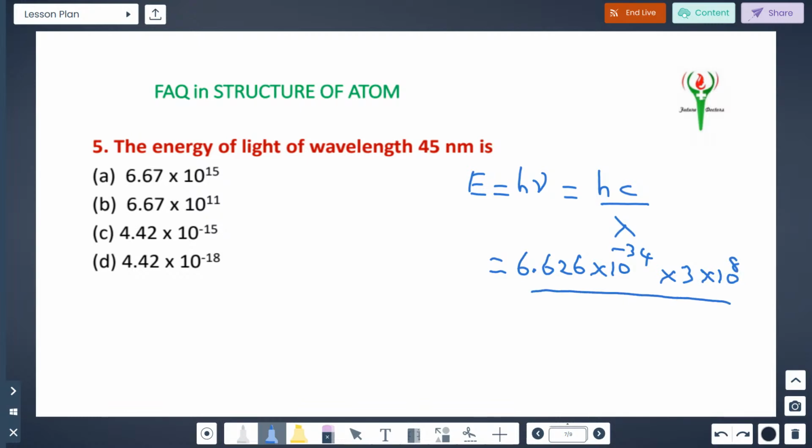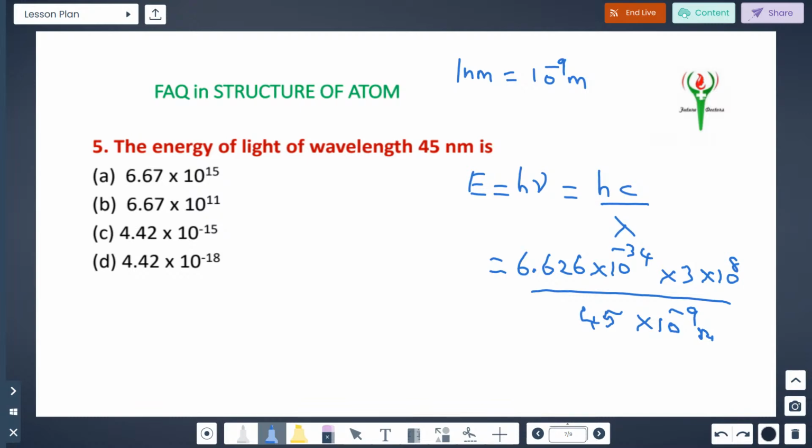So lambda is given. Lambda is 45 nanometer. 1 nanometer means what? 10 power minus 9 meter. Are you following? Okay. So you can substitute here 10 power minus 9 meter.